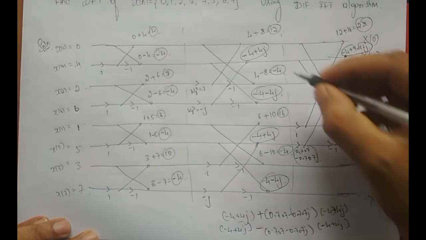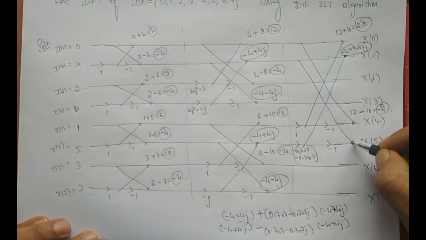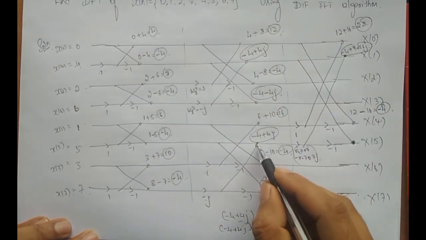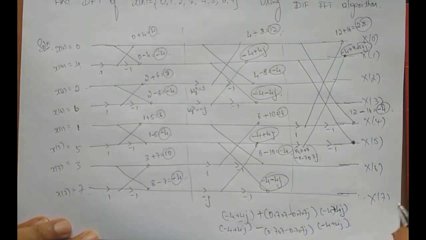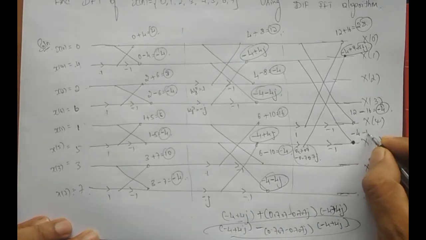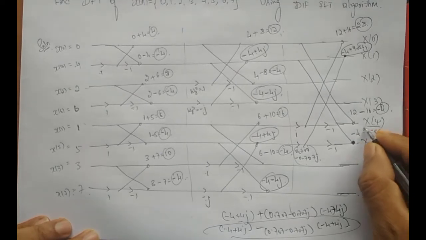So minus 4 plus 4j is added with the scaled version of minus 4 plus 4j. Okay, so this is coming here. If you do this calculation, you end up with minus 4 minus 1.656j.